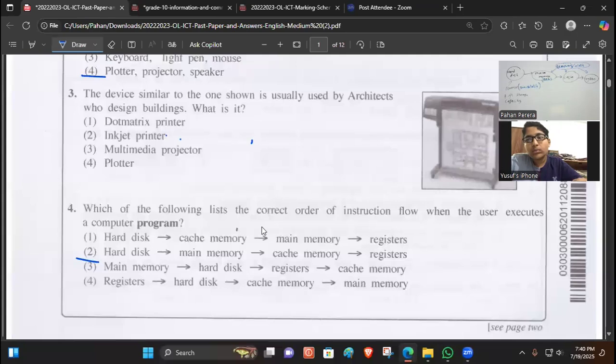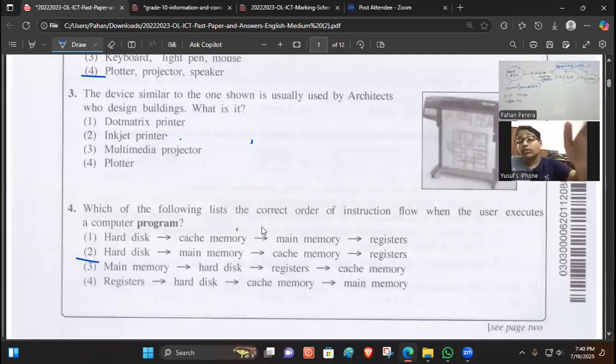Am I correct? Yes. Then this is the technology they use.